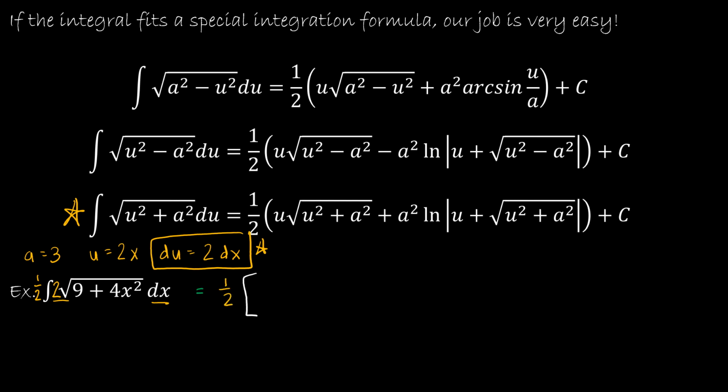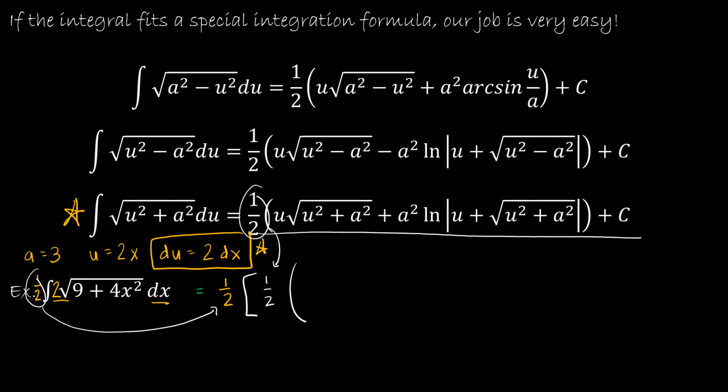And then I'm just going to copy this formula exactly and replace u's with 2x and a's with 3. So this one says 1/2, so that's this 1/2, whereas this one is this 1/2.